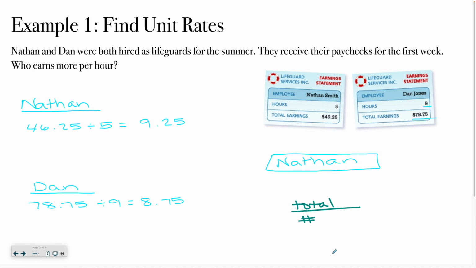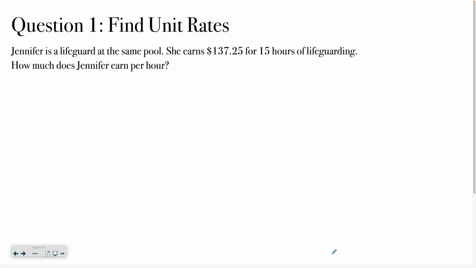A unit rate is usually going to deal with cost for the problems that we're doing, so it usually tells you the price for one thing. For Nathan, the cost of 1 hour is $9.25. Okay, so why don't you try this one on your own?